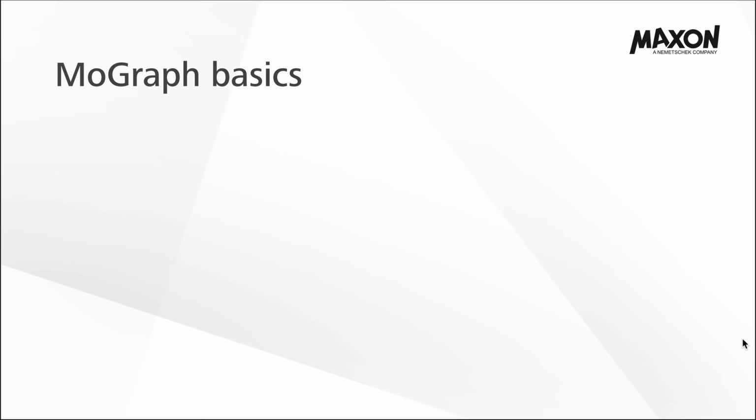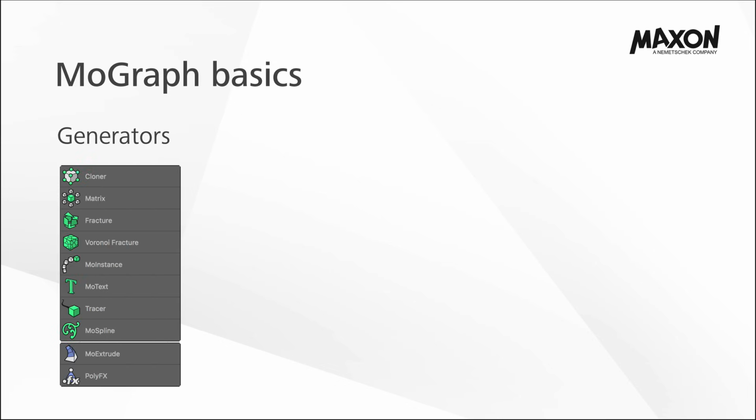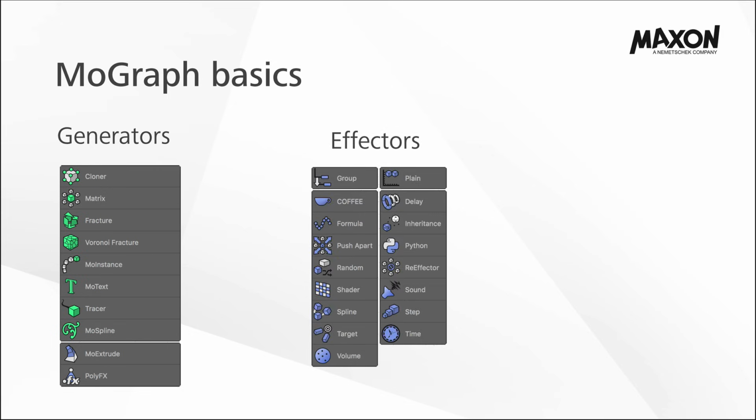And there are basically three types of objects, so to speak. First is the generators. And the generators are there to create clones or to create MoGraph objects, so to speak. And those objects, which can be many, like thousands or millions, can be controlled by using effectors.